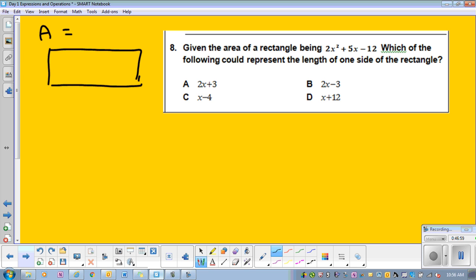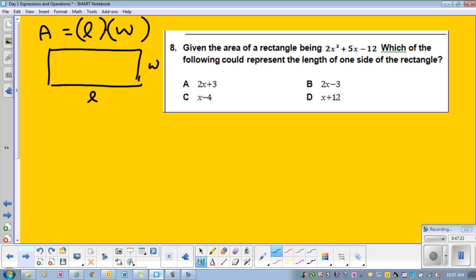Length times width. So if your area is that polynomial, then length times width, those could be your factors, right?